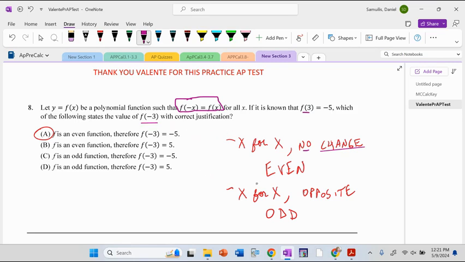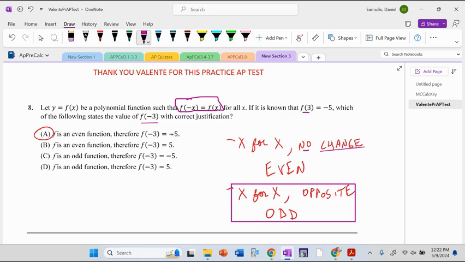By the way, just for giggles, odd: if you plug in negative x, the opposite would occur. So if f of 3 equaled negative 5 and it was an odd function, f of negative 3 would equal the opposite of negative 5, which is 5. So it's even, and therefore that's why this is true.